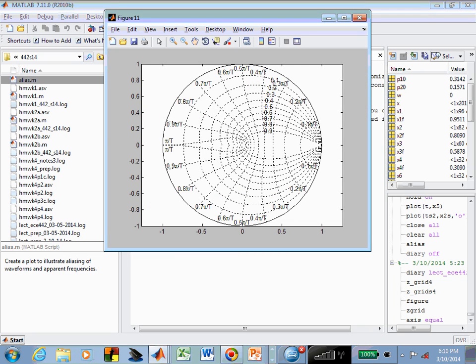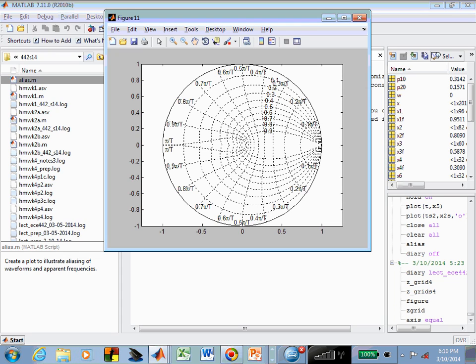So now it has made the aspect ratio on the horizontal the same as the vertical. And now angles here are true angles. And if you're measuring angles with your protractor, then they're correct. If you had the other curve before you equaled the axes, you're going to have problems.